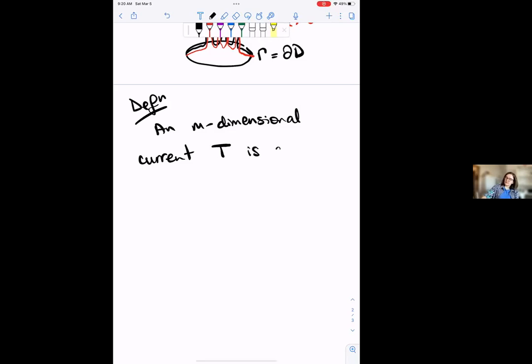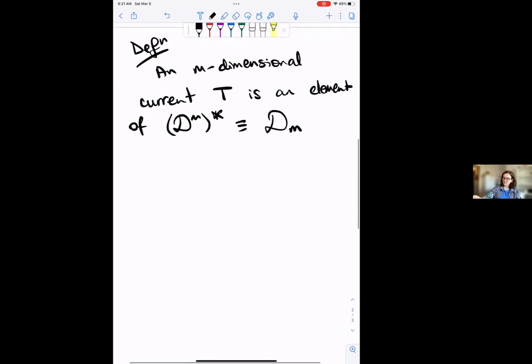So it's an element of the dual space, which you write like this. You feed it an m-form, and it's a continuous linear function on these guys.